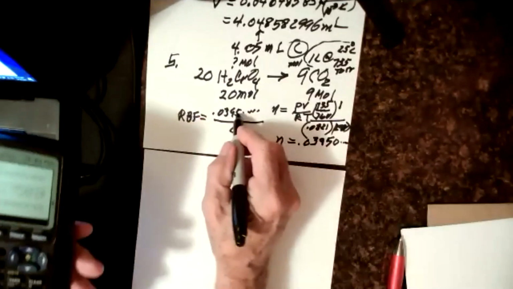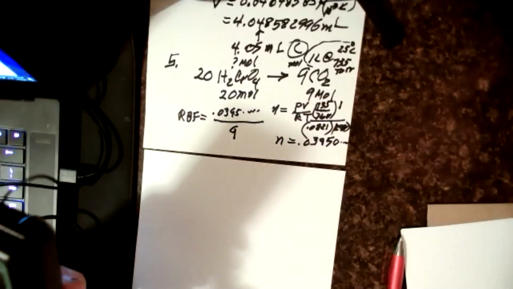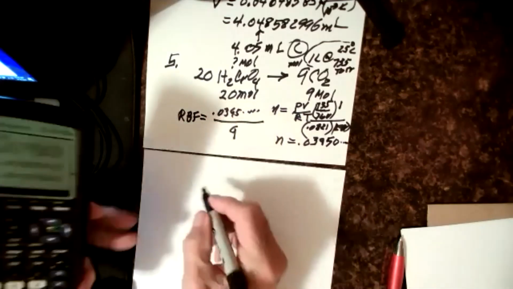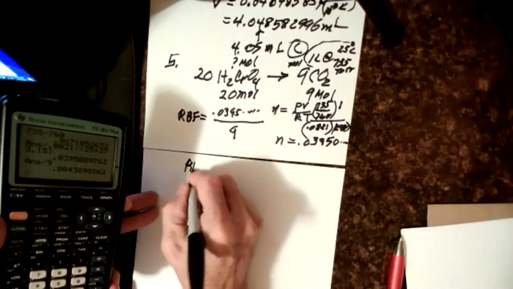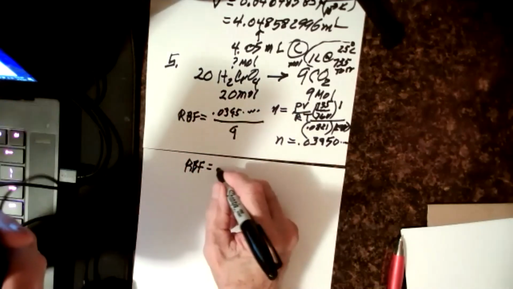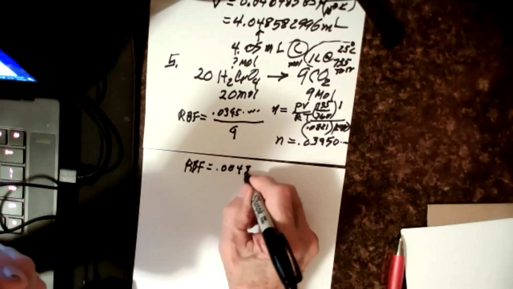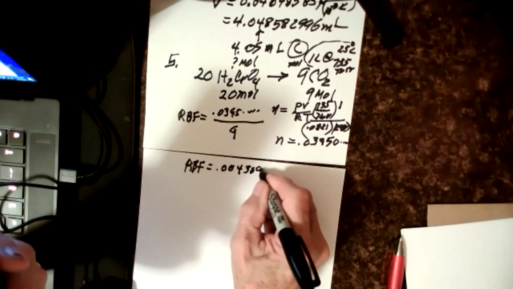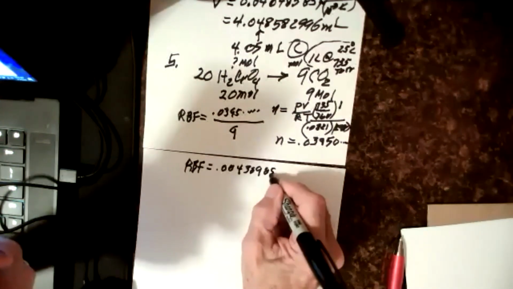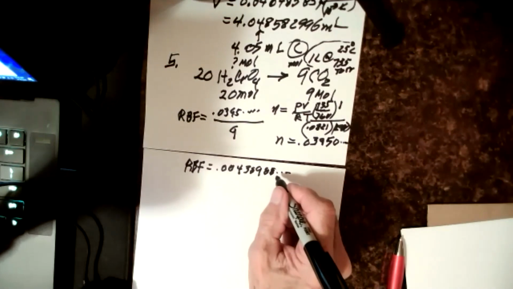So I want to take this number that's on my calculator and divide it by 9. So I divide by 9 and I get my RBF for this problem is 0.0043888, whole bunch of some more digits for the rebalancing factor.